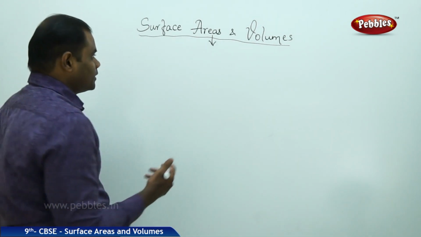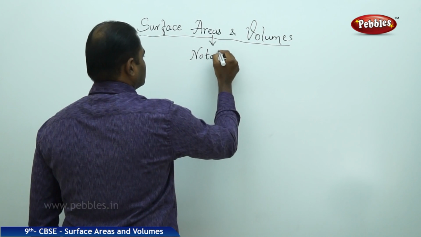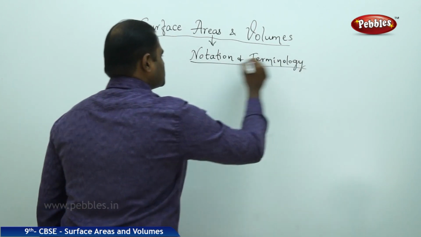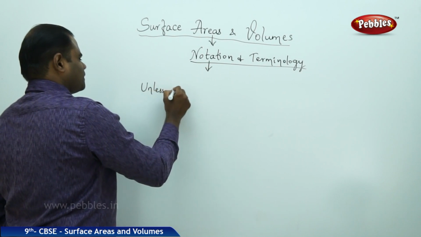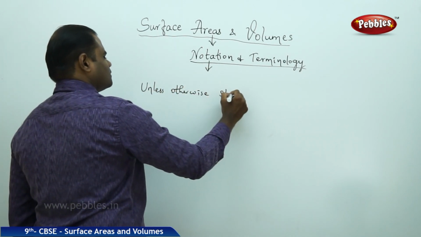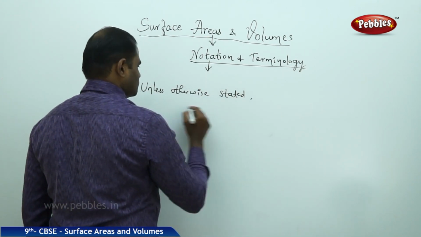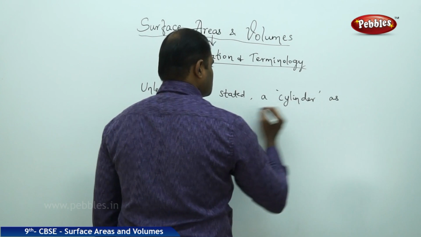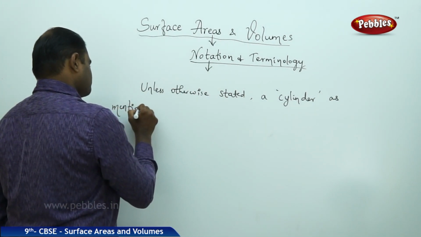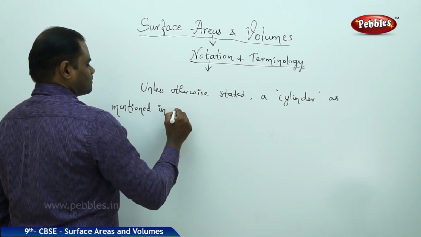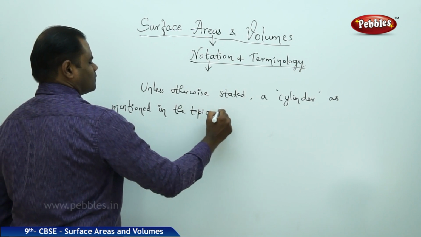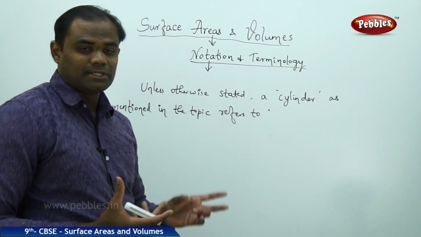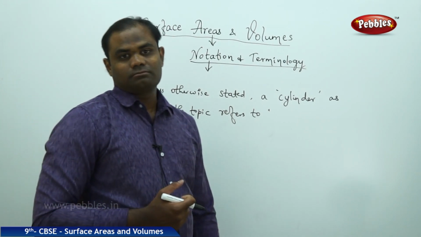So in the syllabus, when we refer to the notation and terminology of understanding the cylinder, we understand that unless otherwise stated, a cylinder as mentioned in the topic refers to a right circular cylinder. So any problem related to the word cylinder is assumed to be a right circular cylinder unless otherwise stated.